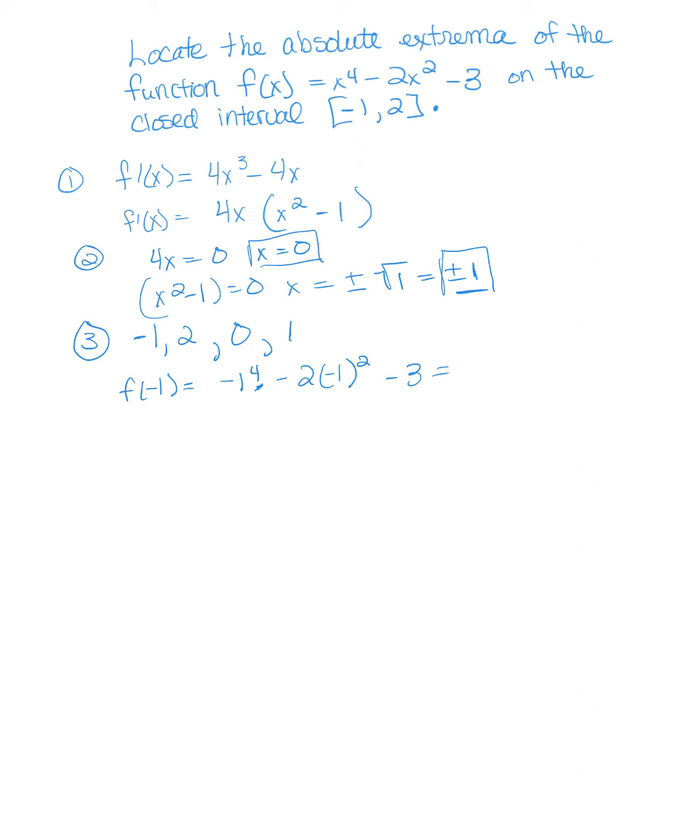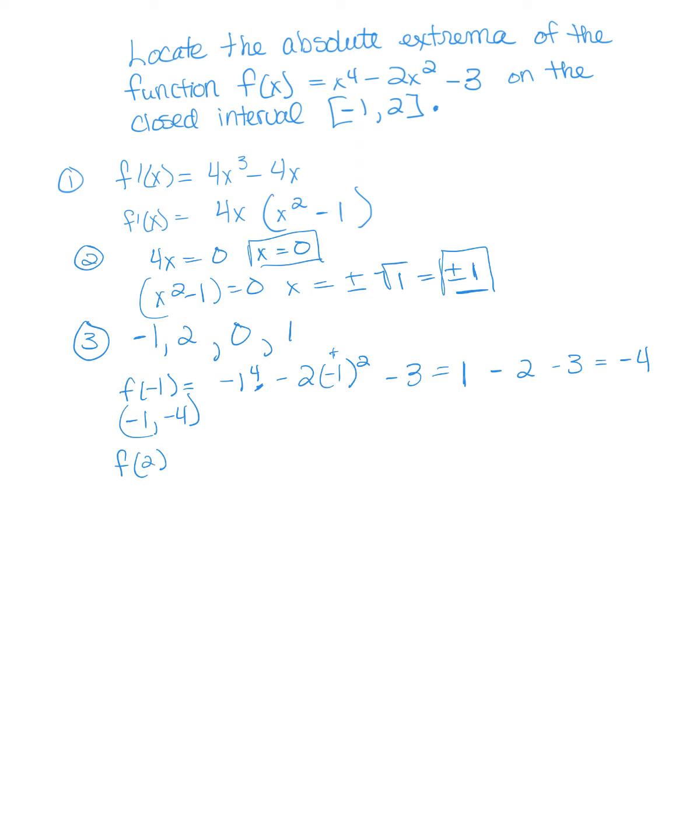Okay, so I have -1 to the 4th, which becomes +1, minus, well, (-1) squared is +1, so we have a positive times a negative, that's -2, minus 3. 1 minus 2 minus 3 is -4. So that means we have a point at (-1, -4). All right.